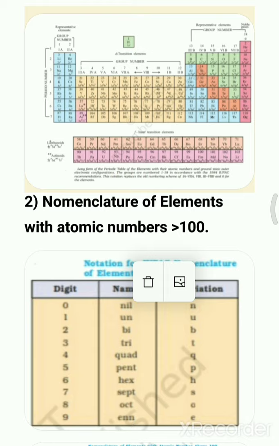Thus, the new element first gets a temporary name with a symbol consisting of 3 letters. Later, the permanent name and symbol are given by the vote of IUPAC representatives from each country.